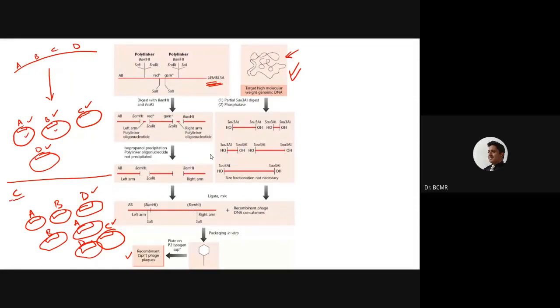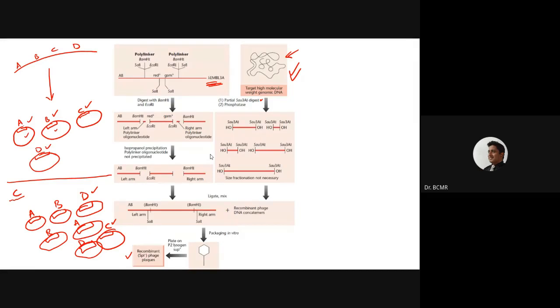So the first thing is we will take the high molecular weight genomic DNA because it's usually a huge amount. The length of it is huge. We will try to use partial digestion using Sau3A.